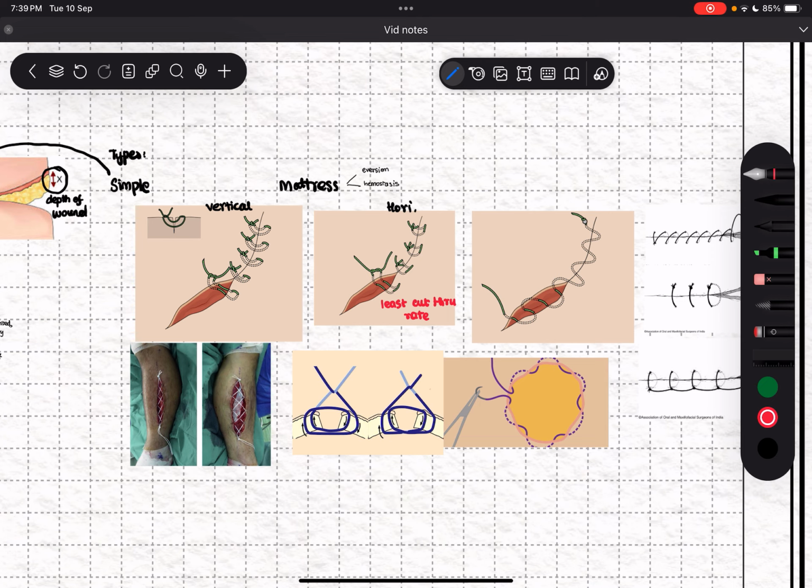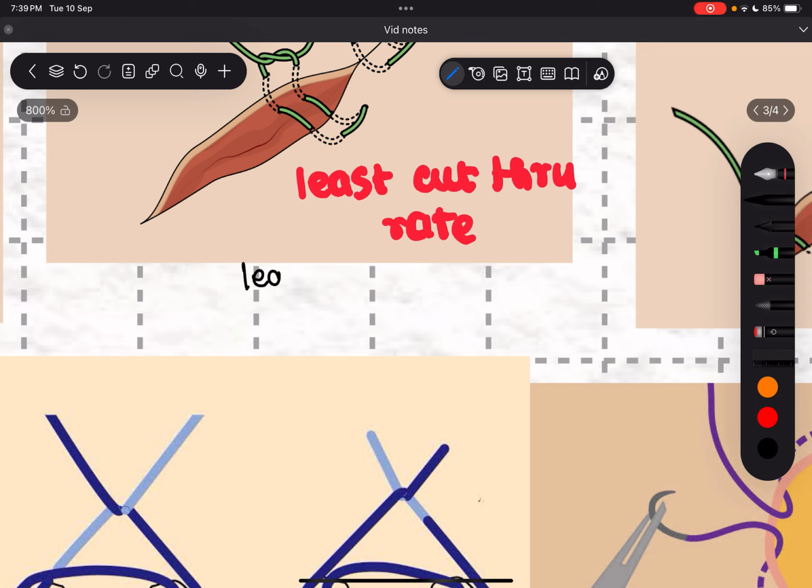So least cut through rate means least chance of tearing up the skin.